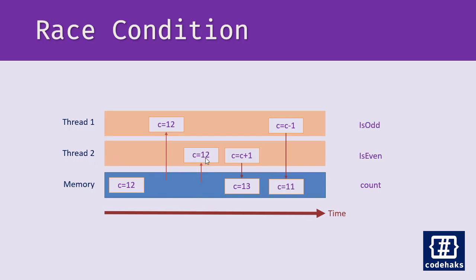And thread 2 wants to add one to it and reaches the fact that the value of count should be 13. But at the same time on thread 1, when thread 1 reaches the memory, it realizes that the value is 12, so it wants to decrease by one and reaches the fact that the value of C should be 11. And at the end of the process, what we have in memory is 11.